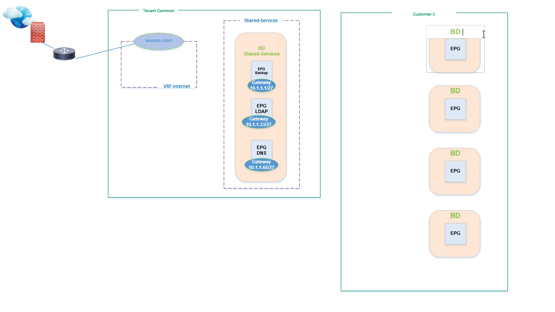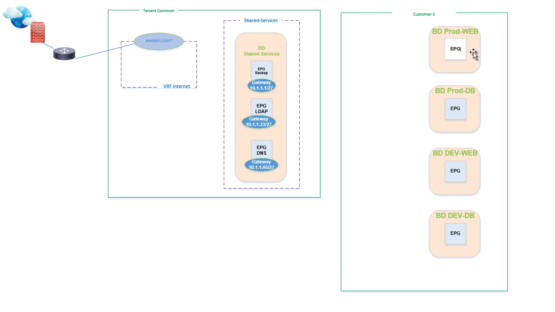All right, so this bridge domain is going to be called prod web. This is going to be prod DB for database. This is going to be dev web. And this is going to be dev DB.